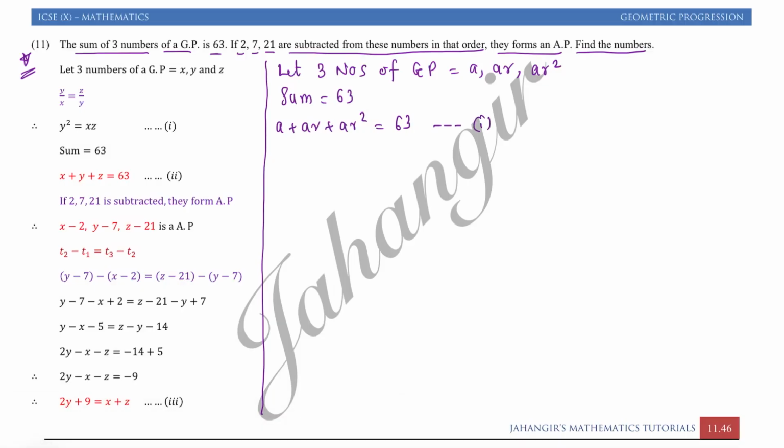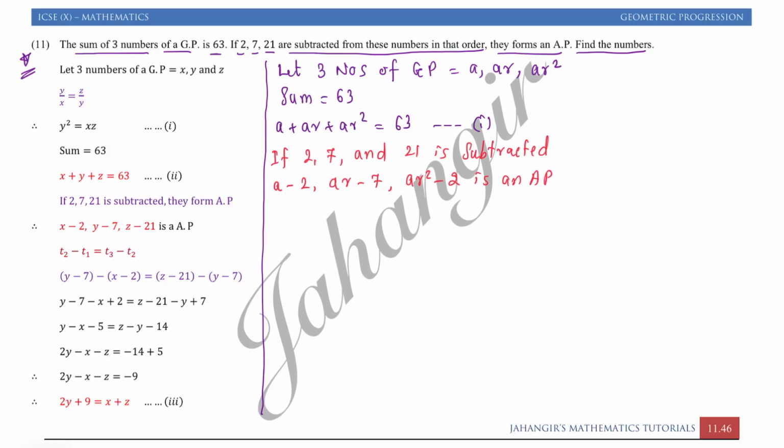Now what they say: if 2, 7 and 21 are subtracted, then they form an AP. Means from the first number we subtract 2, so a minus 2, comma ar minus 7, comma ar square minus 21 is an AP. What is the property of an AP?